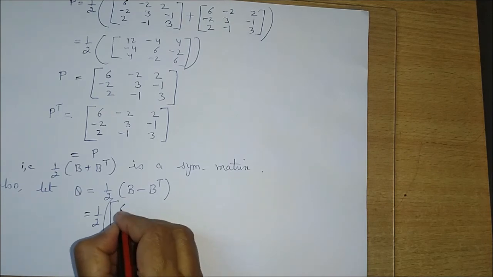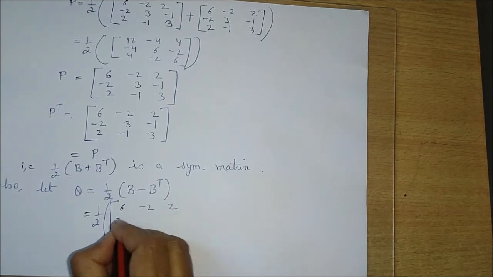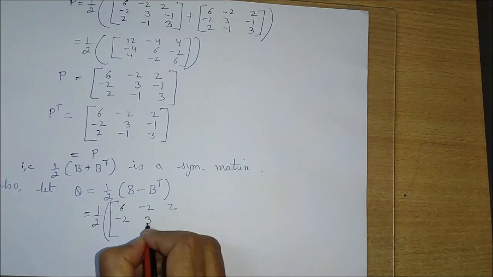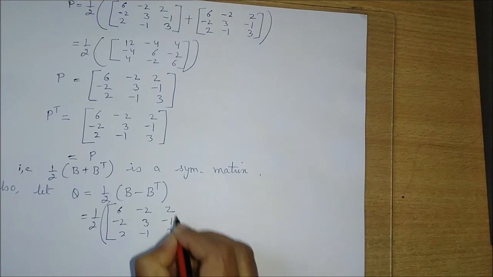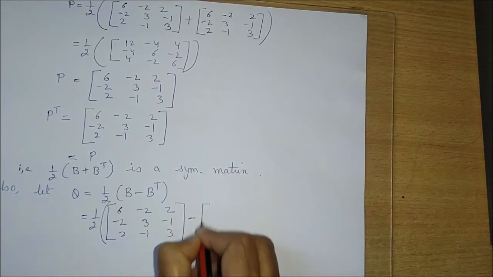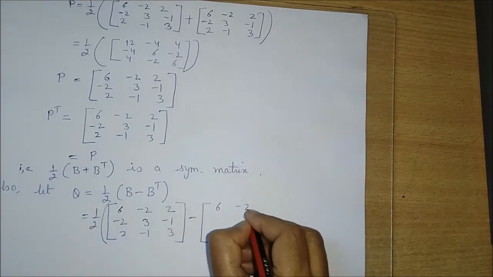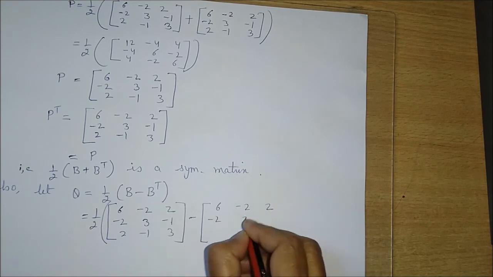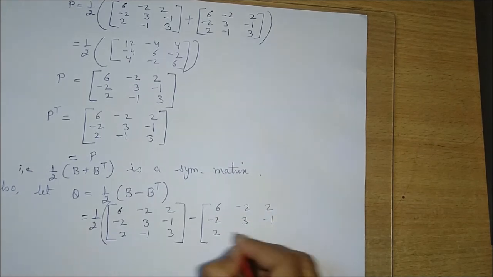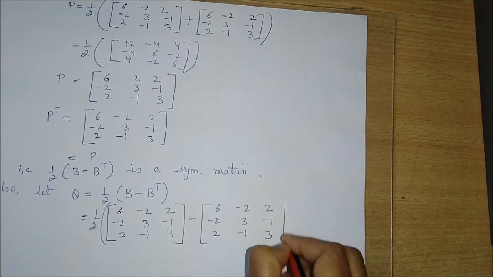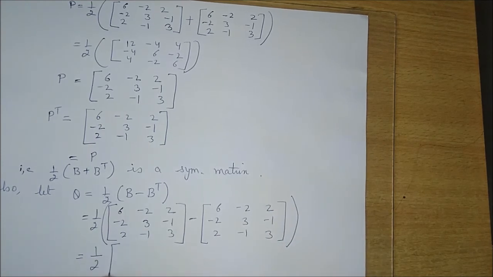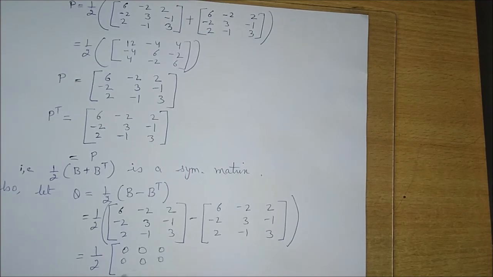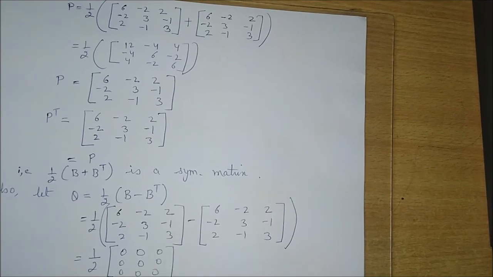B matrix is [6 -2 2; -2 3 -1; 2 -1 3] minus [6 -2 2; -2 3 -1; 2 -1 3]. We get this as a matrix of all zeros.